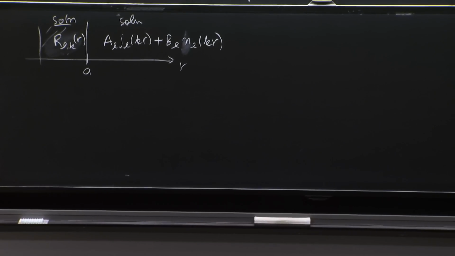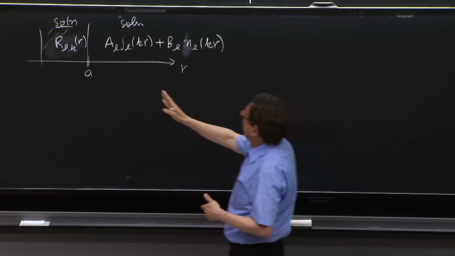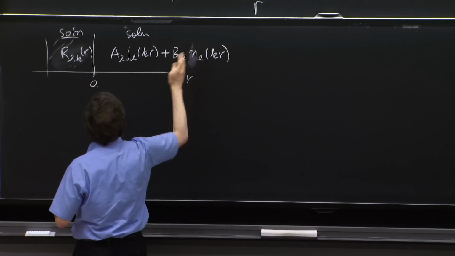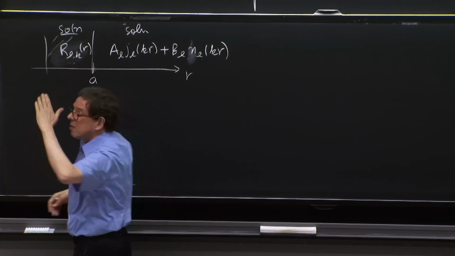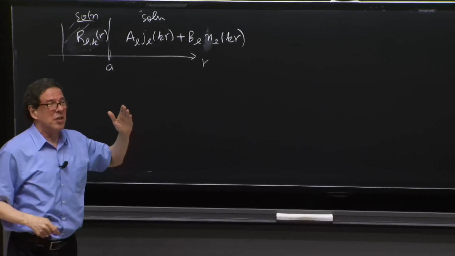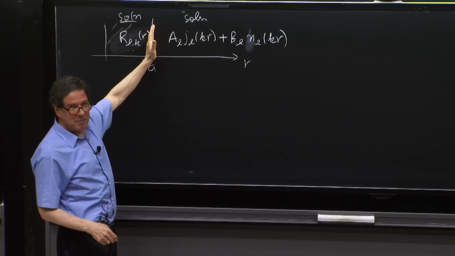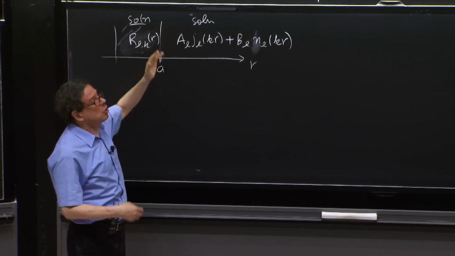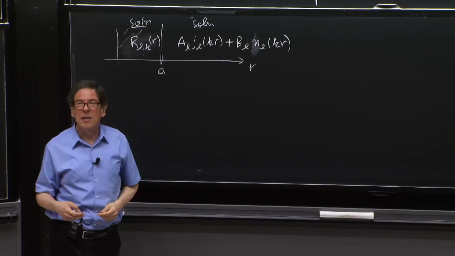But you now have the solution up to a, and you know the general form of the solution for r greater than a, and these two have to match here. There might be cases in which there is a delta function precisely here, like in the p-set, in which case the derivatives have to match in a funny way.